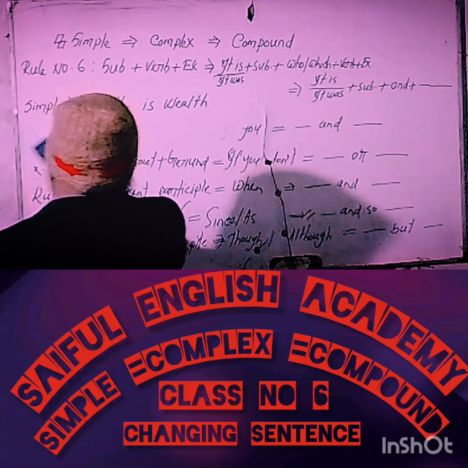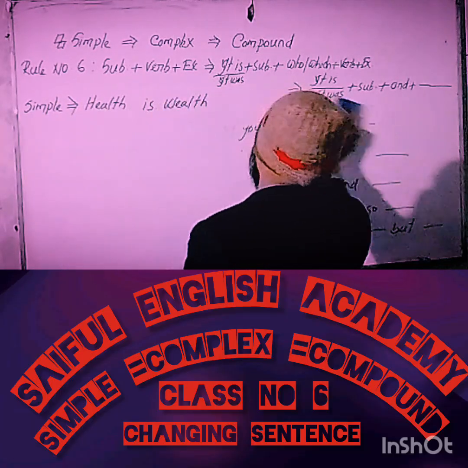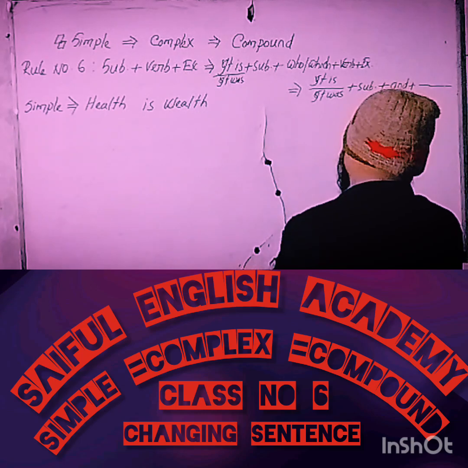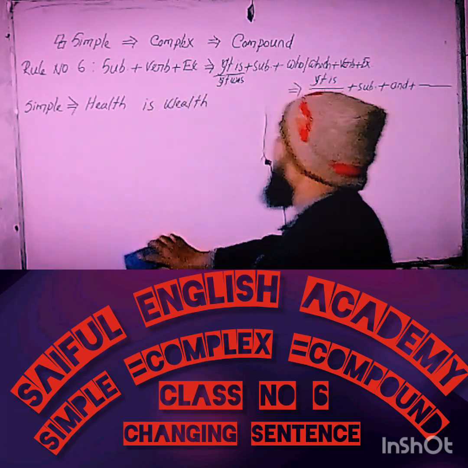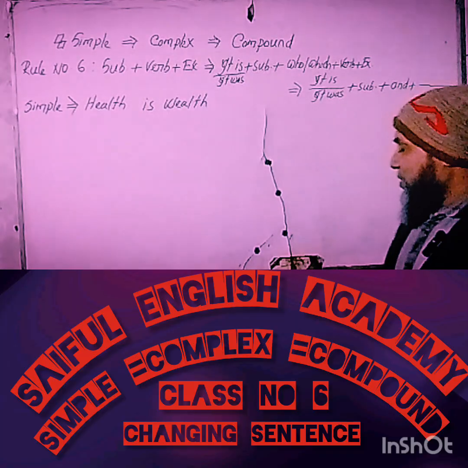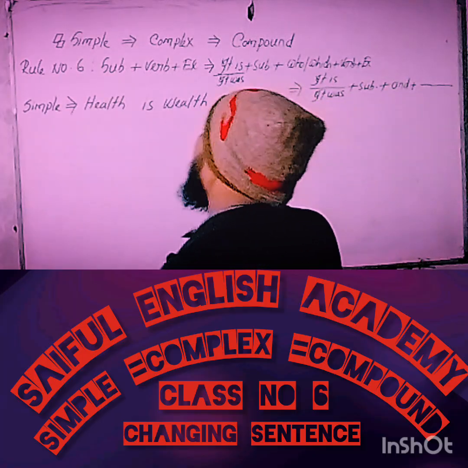You have understood clearly, and with reference to this relationship among simple, complex, and compound sentences, I have written an example on the board. So, take a look at the board and try to understand.